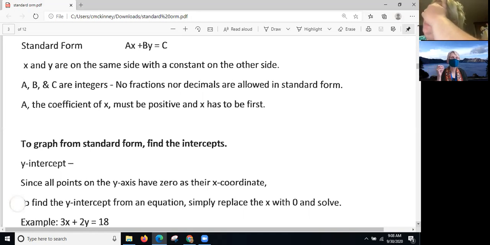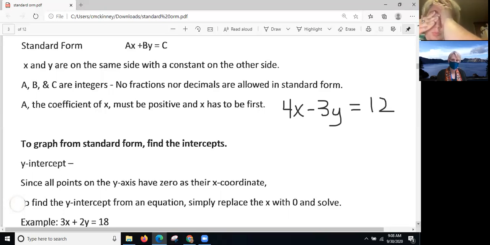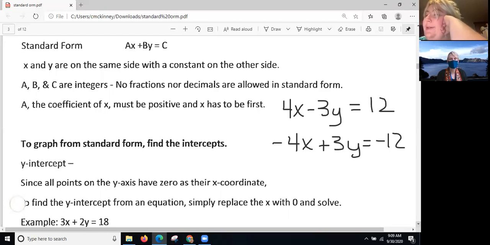So we're looking at things like the one I just had up, or you could have something like 4x minus 3y is equal to 12. The y coefficient can be negative, but the x can't be negative. If I had something like this with a negative x, that would not quite be in standard form because the x is not positive.